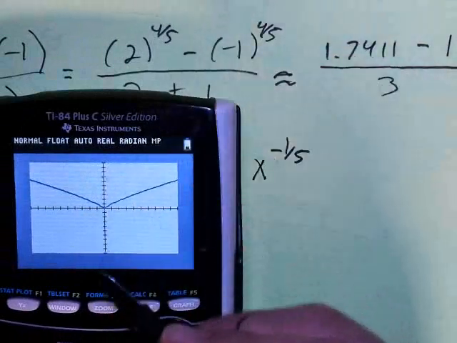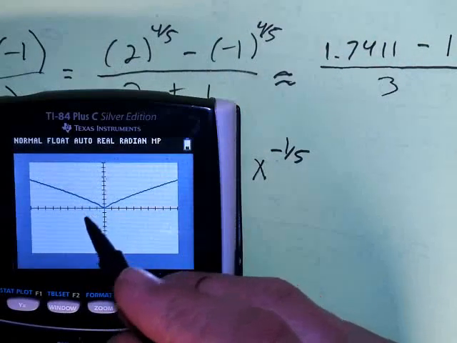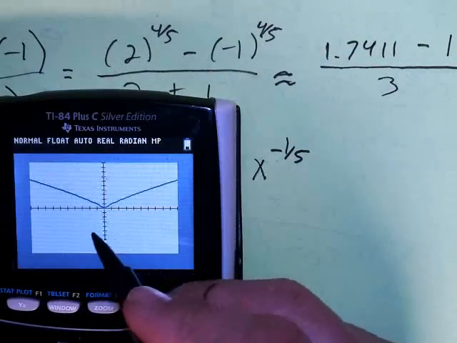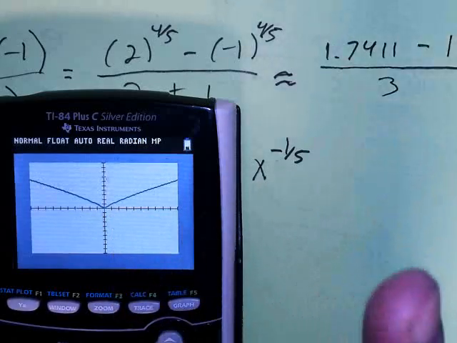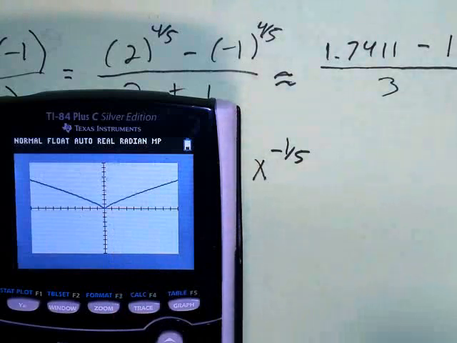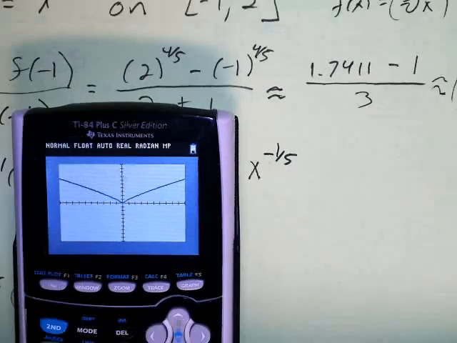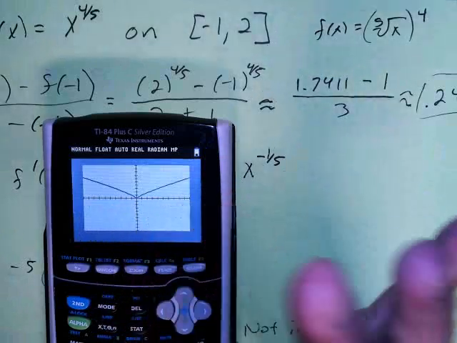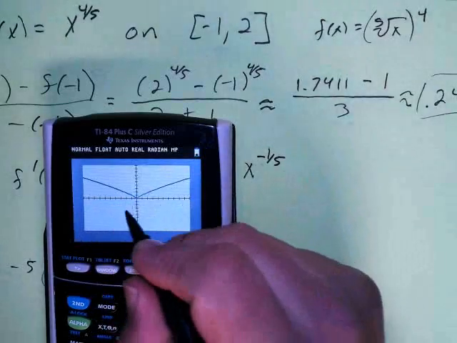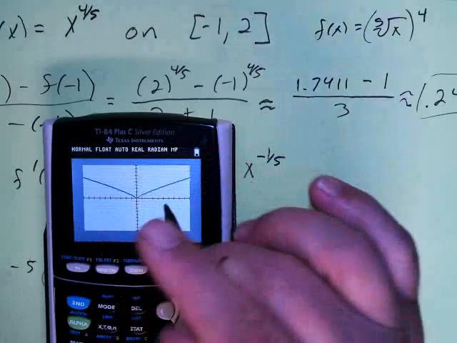So in the interval -1 to 2, you have a point where it's not differentiable. It is not differentiable there. So this does not meet the conditions for the mean value theorem. It has to be differentiable. It is continuous over the closed interval, but it's not differentiable over the open interval.